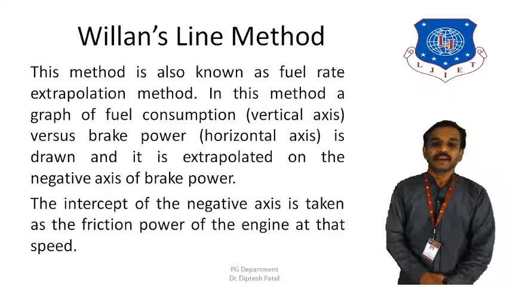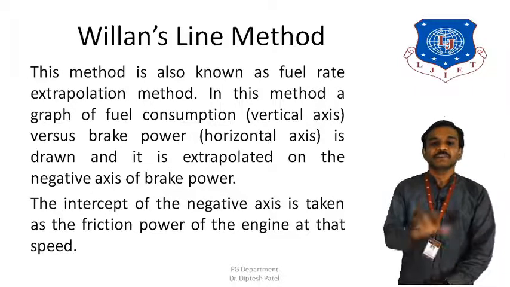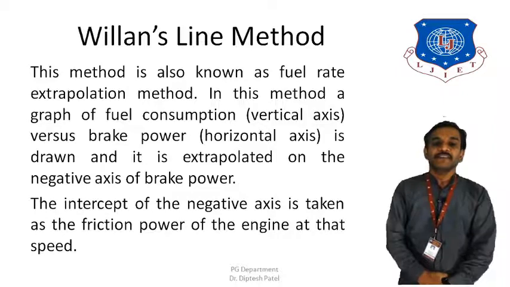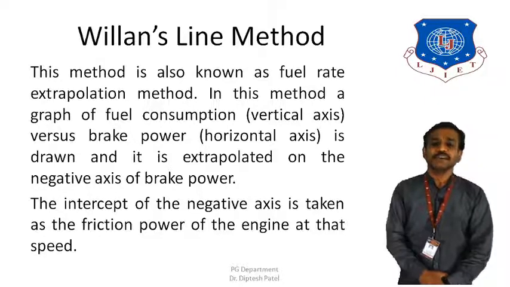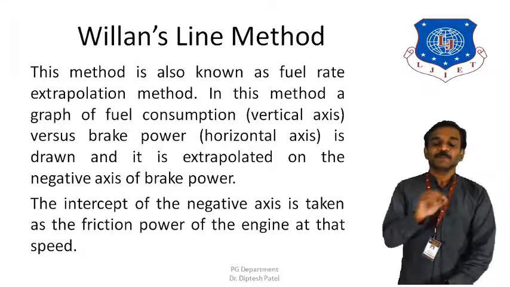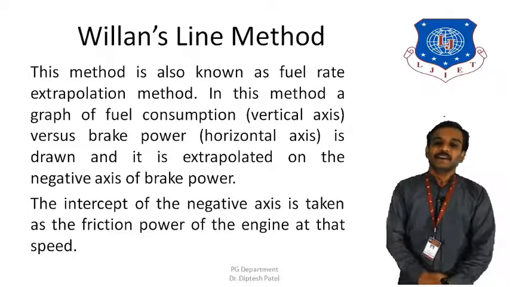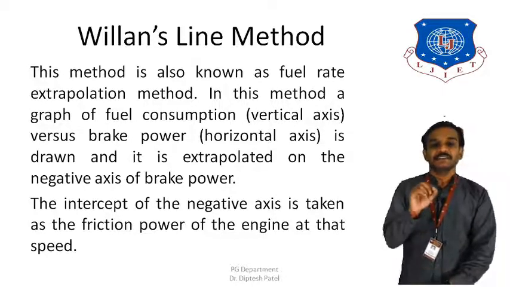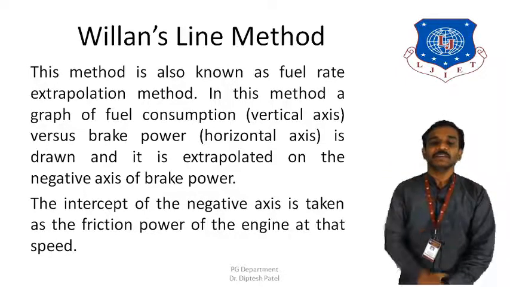Here, basically, values are plotted on a graph. On the y-axis the fuel consumption values are noted, while the x-axis has the brake power. So the graph is plotted between the fuel consumption and the brake power.